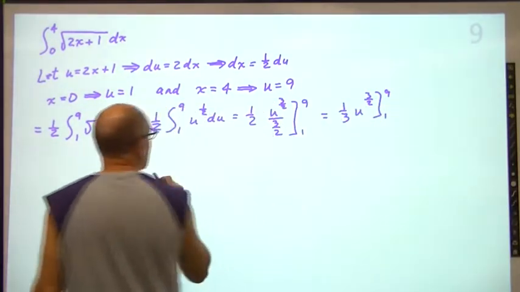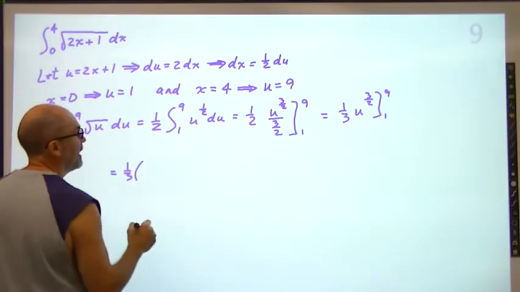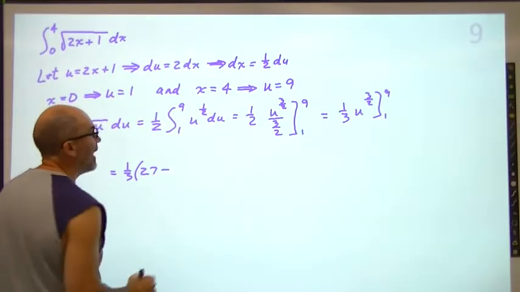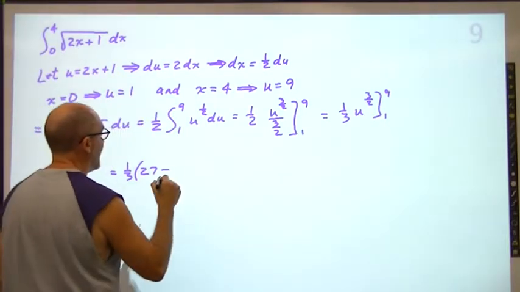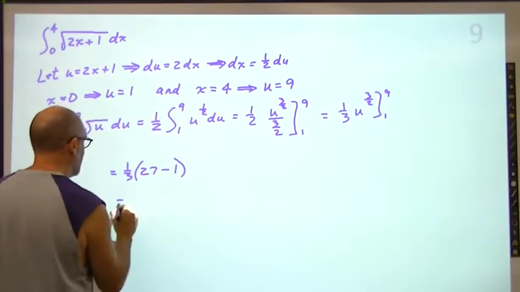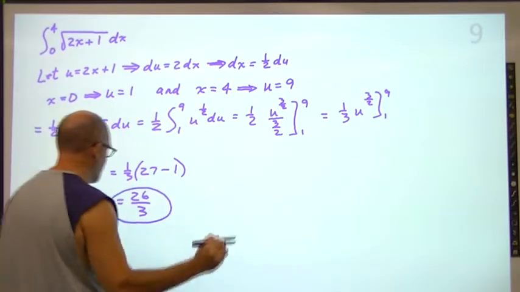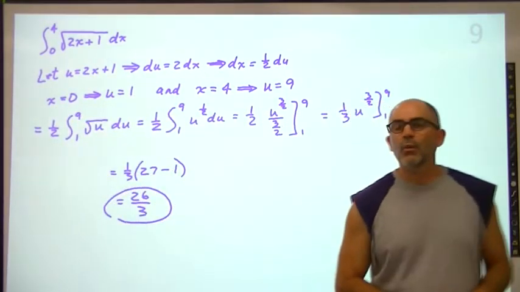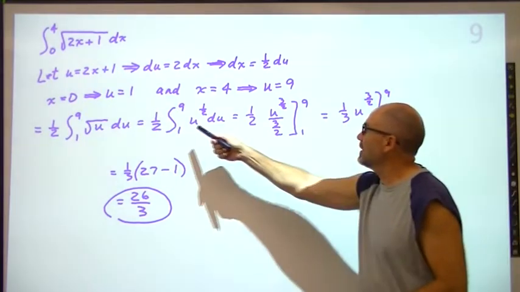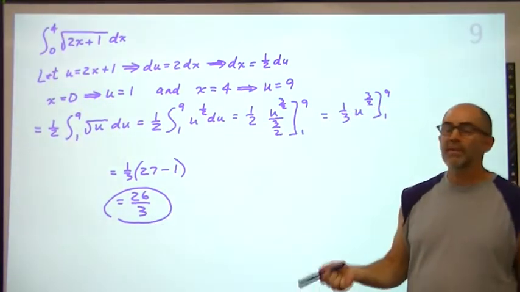So this becomes 1/3 times 27 minus 1 to the 3/2, which is 1. So this is going to equal 26 thirds. That's it.